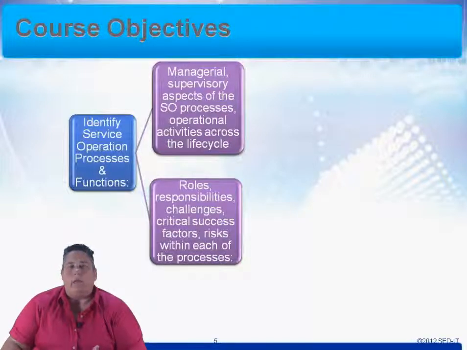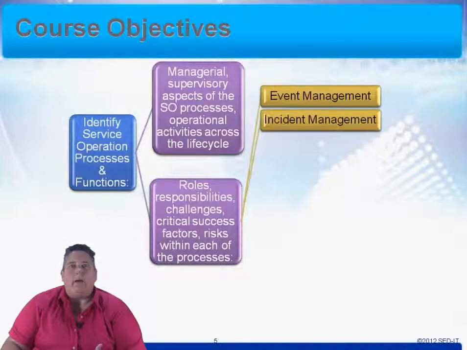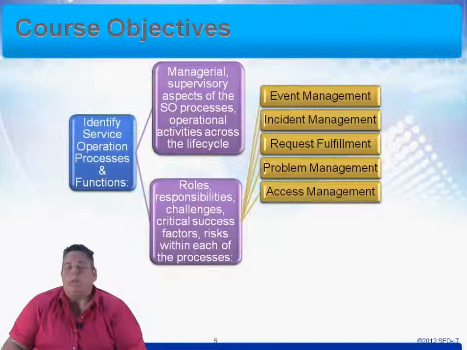We also need to understand the roles, responsibilities, challenges, and critical success factors. So the nitty-gritty of each of the processes and the functions, so that we understand how we can measure, how we can improve, and ensure that we're delivering value. Some of the areas that we'll be looking at: we have the 5 service operation processes, event management, incident management, request fulfillment, problem management, and access management.